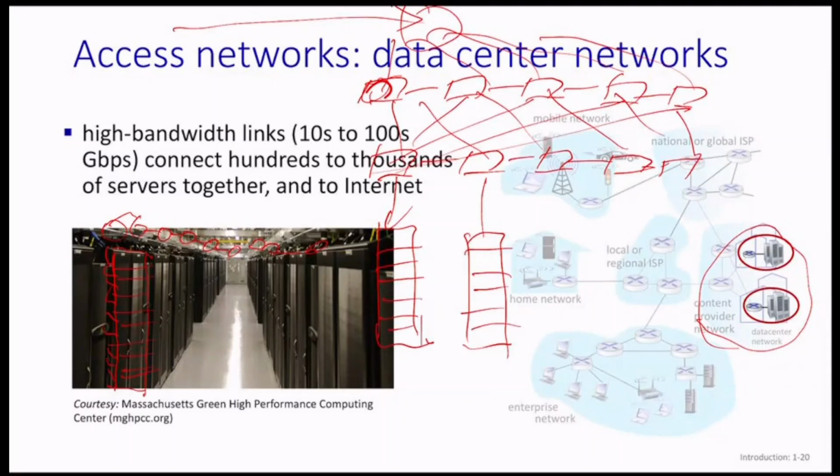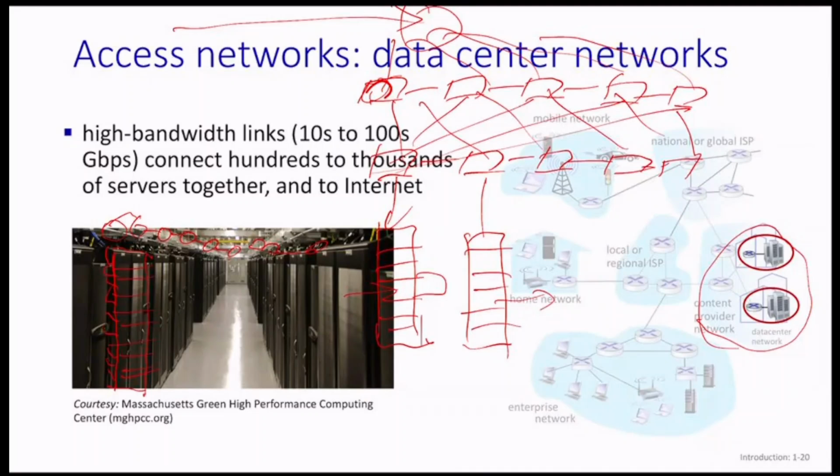If one server stores more data, maybe we need to schedule another server, because there are thousands of servers. So there is a load balancer, a scheduler, to do these things. And for the data center, we also need some protocols, routing, congestion control and other things for the data center network.